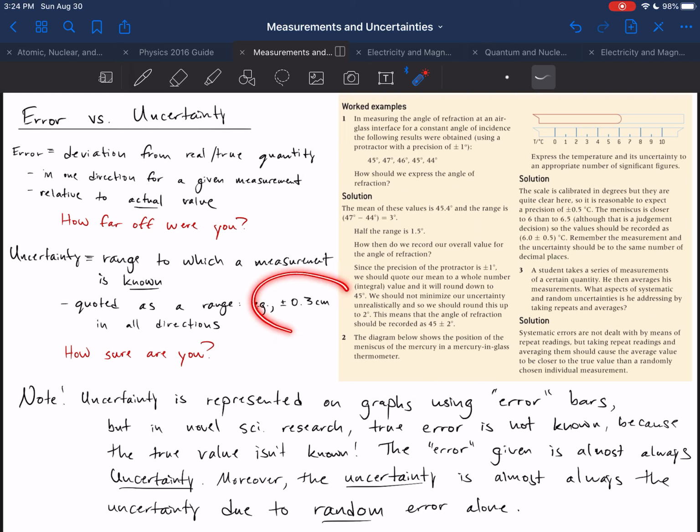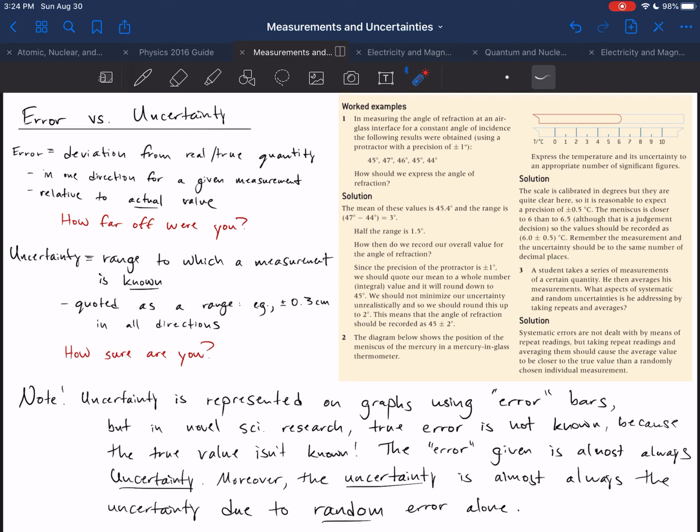What I'm giving after this is the uncertainty, not the error. Despite the ways people might speak, this is fundamentally an uncertainty. It's quoted in multiple directions, and it's the answer to the question, how sure are you?